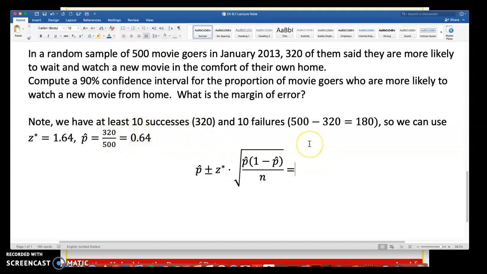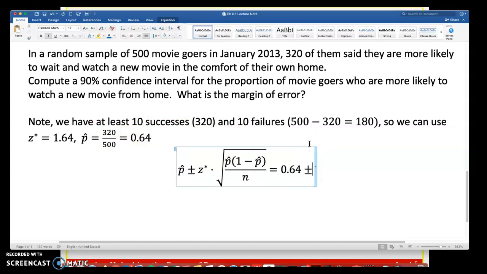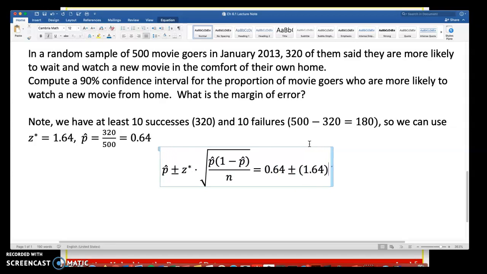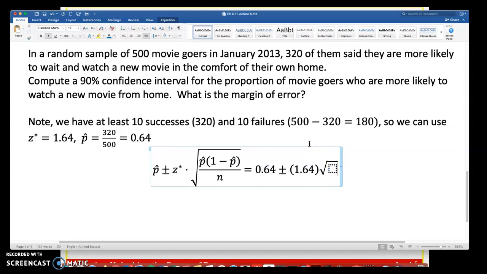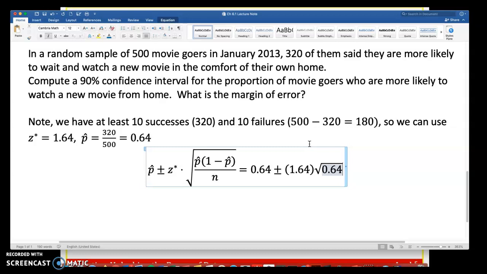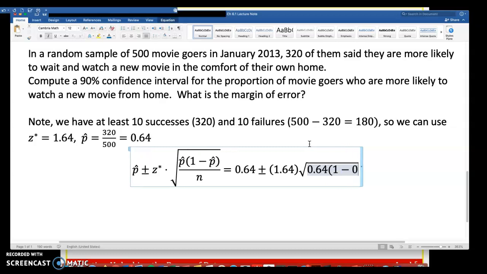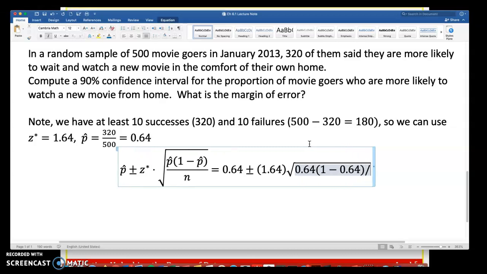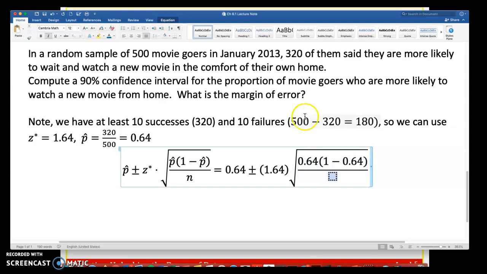So now I have everything I need to plug into this formula. 0.64 plus or minus, Z star is 1.64, times the square root of 0.64 times 1 minus 0.64, and then that whole thing over the sample size, in this case 500.